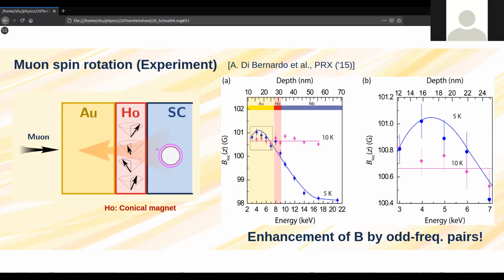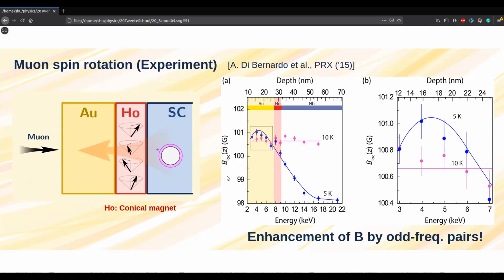This non-collinear magnetization can generate the spin-triplet odd-frequency pair in the gold. And using the low-energy muon spin rotation technique, they measured the local magnetic field in the junctions.